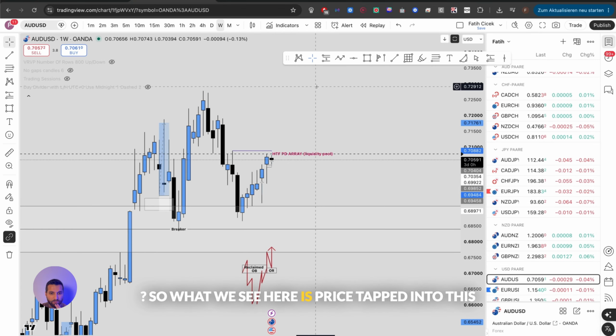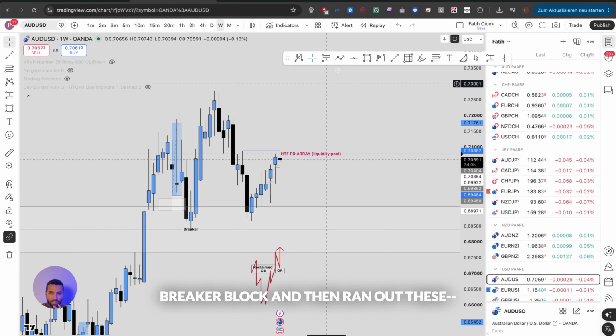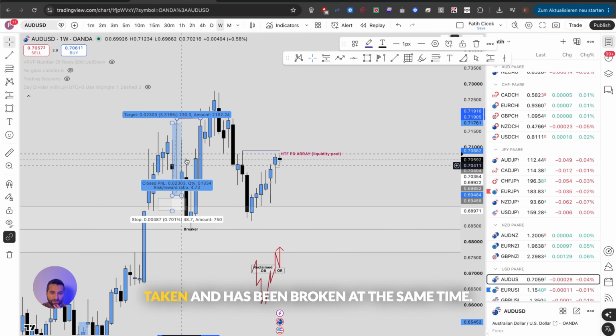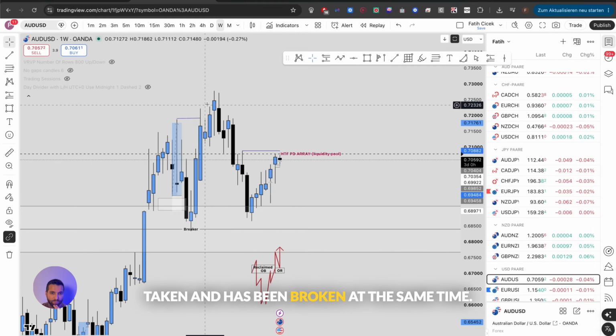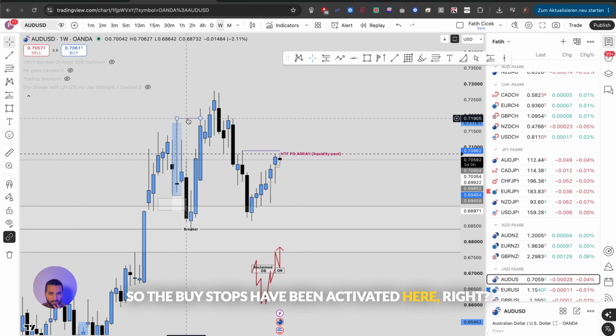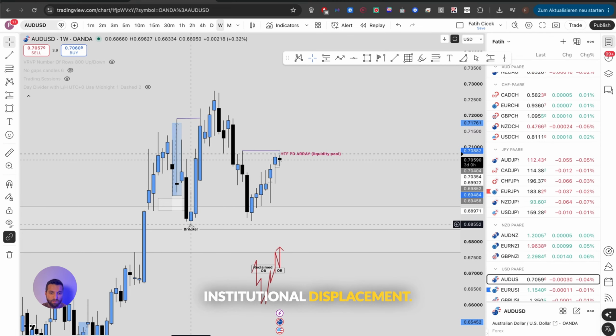So what we see here is price tapped into this breaker block and then ran out this high over here. So this high has been taken and has been broken at the same time. Okay, so the buy stops have been activated here, right? What we see here is this institutional displacement.